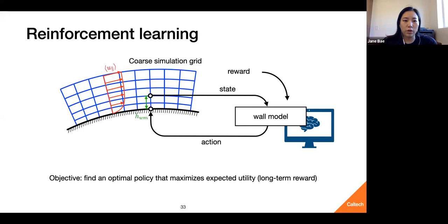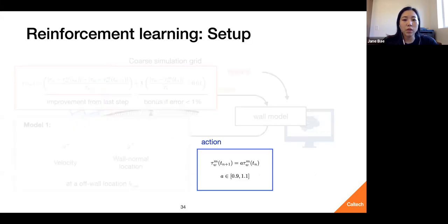So going back to our wall modeling problem, our environment is going to be the coarse simulation grid, and our agent is going to be the wall model. Let's look at the details of what our action, states, and rewards are. For the action, one obvious choice was to spit out the wall shear stress directly.